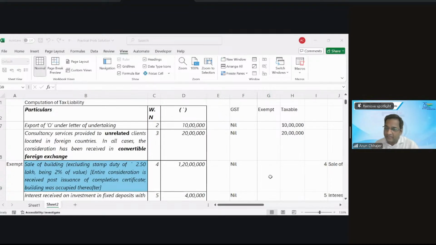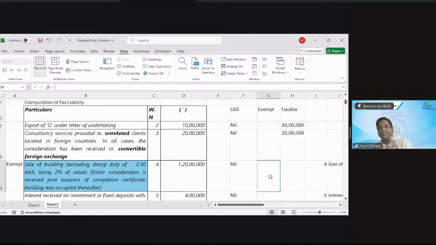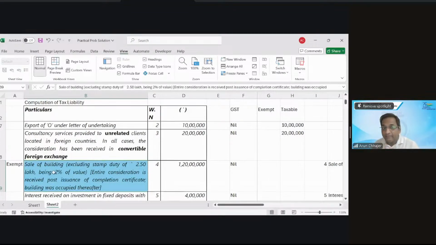Go to 17 subsection 3, rule 40 to 43. The explanation says that the value of land and building would be the value taken for stamp duty. How much have we paid as stamp duty? 2,50,000. What is the rate of stamp duty? 2%.